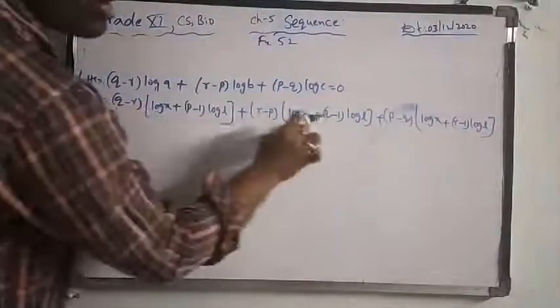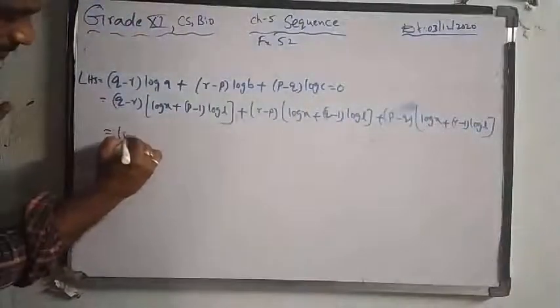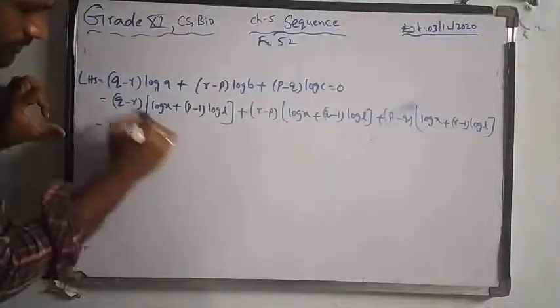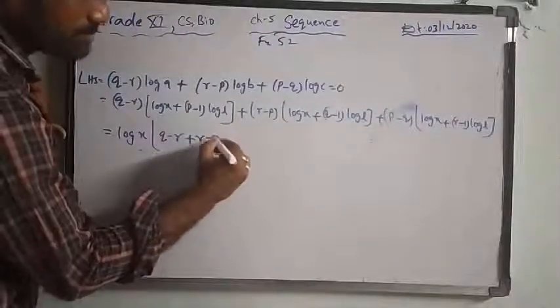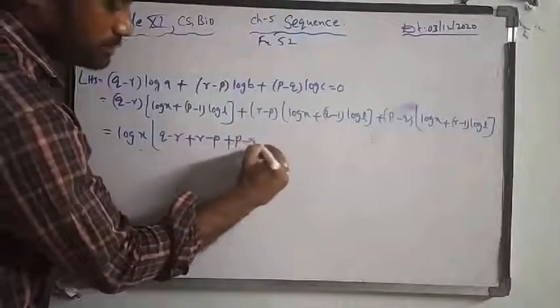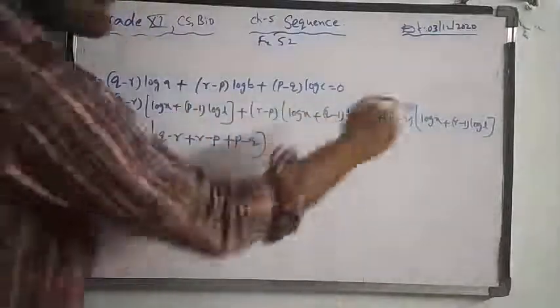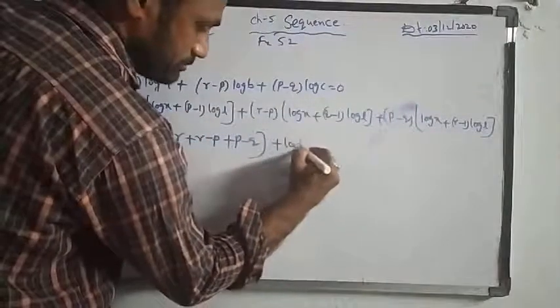Here, log x, log x, log x: if I take log x common, the remaining terms are (q minus r) plus (r minus p) plus (p minus q). On the other side I will take log L common.